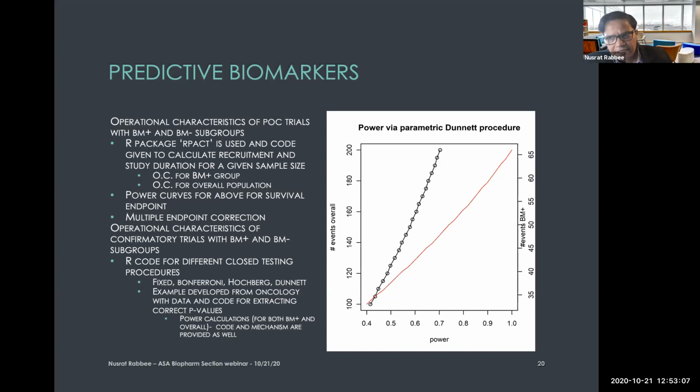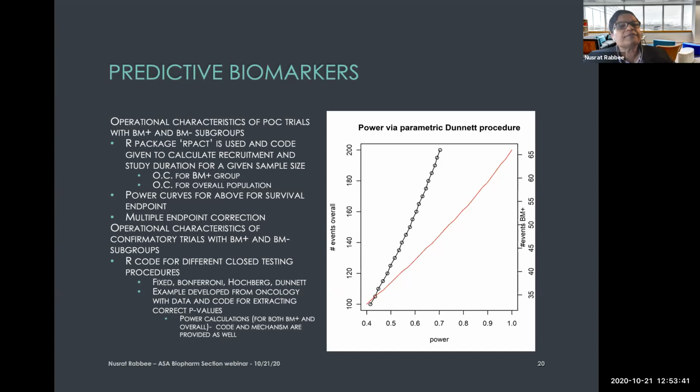We will have 80% power for the marker subgroup, which everybody has agreed has the best chance. They think that the drug is going to work on that. So this code and the examples are given to give you a flavor of the kinds of analyses you will spend a lot of time in if you're working in a predictive biomarker setting in phase 2 design.